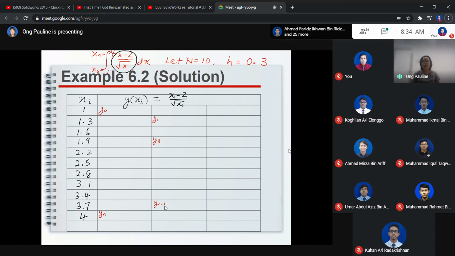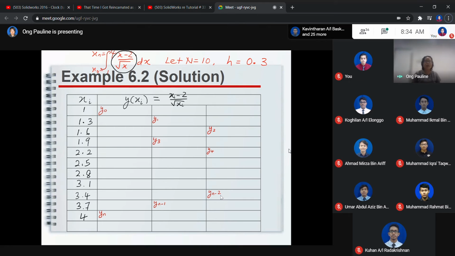Okay, y odd number satu lajur yang sama. And you also know that y even number should locate at the same column, right? So meaning that y2, y4, y6, y8 dan seterusnya patutlah dia dalam lajur yang sama. Okay, so this is your y4 dan seterusnya sampailah yn minus 2.